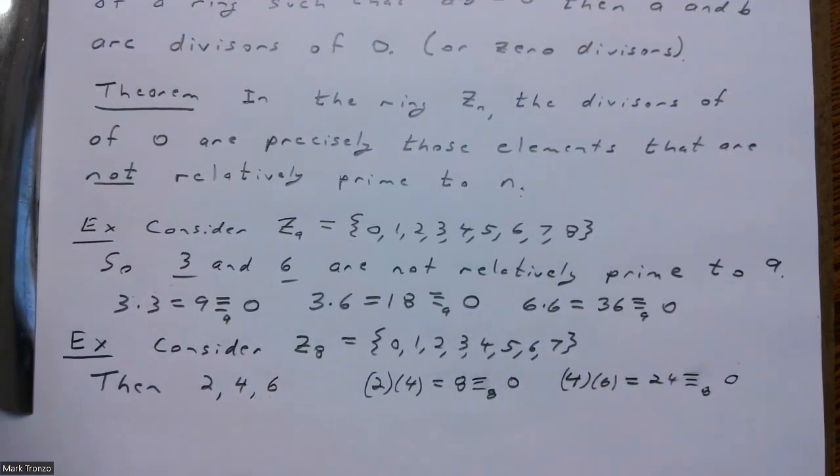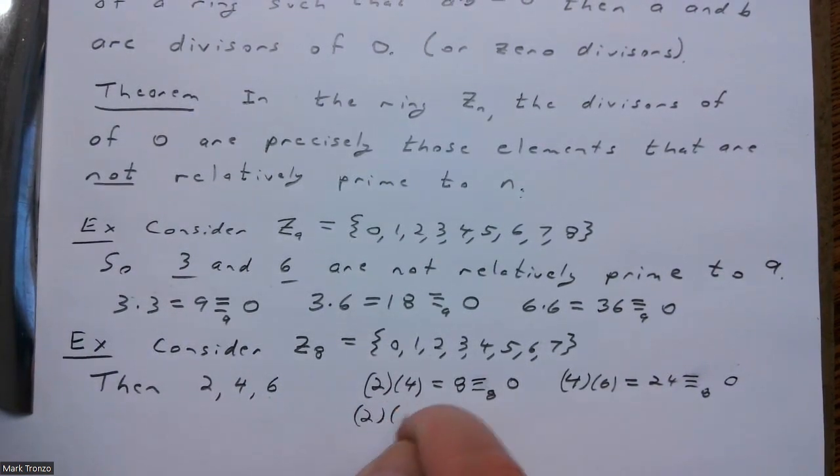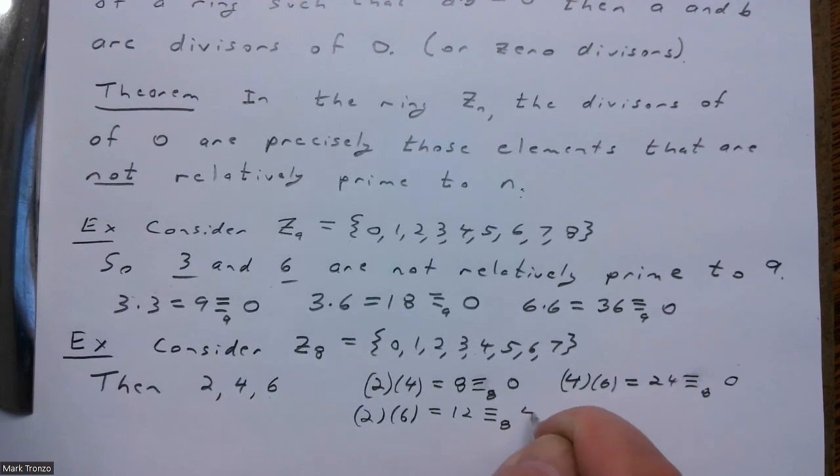That'll give you 0. 4 times 4 will give you 0. 2 times 6 will give you 12, which is going to be 4 mod 8.